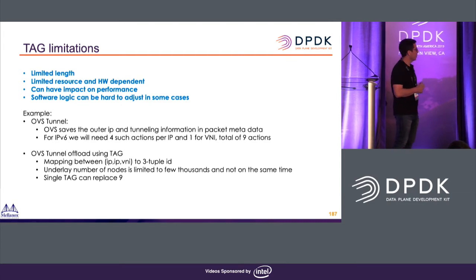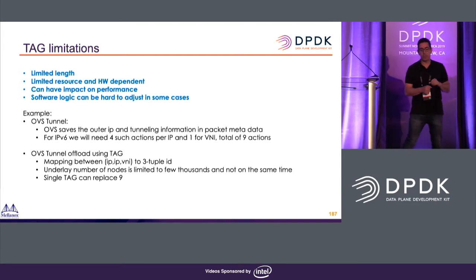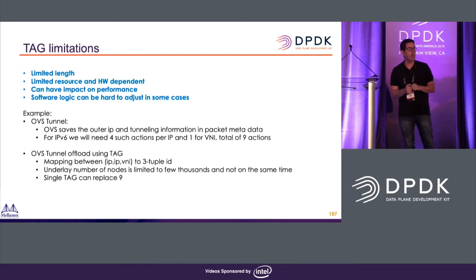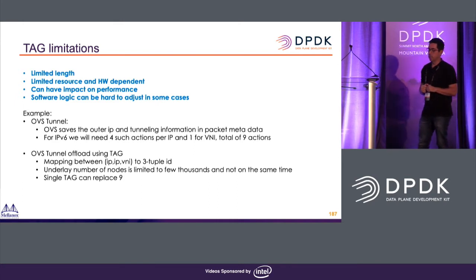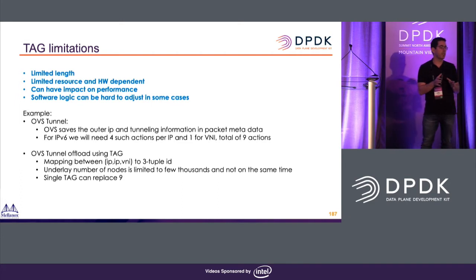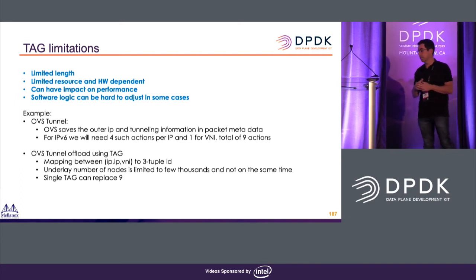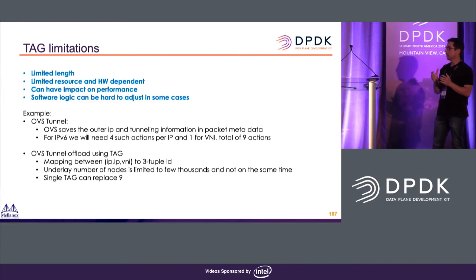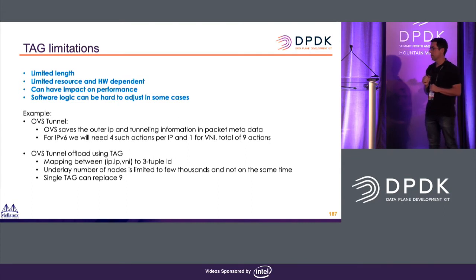Example from the OVS. In OVS, when you have a decap action, what we call tunnel pop, when the OVS is decapping the packet, it takes the outer IP and the tag and the VNI, for example in VXLAN, and saves it in the packet metadata. There is a dp_packet struct, and inside it the metadata struct, and inside it the outer tunnel metadata.